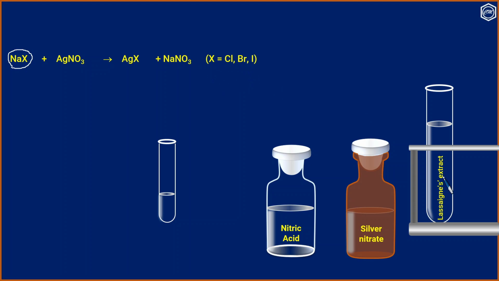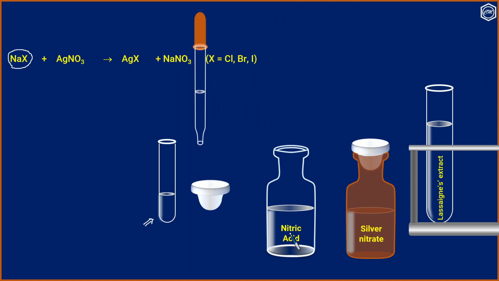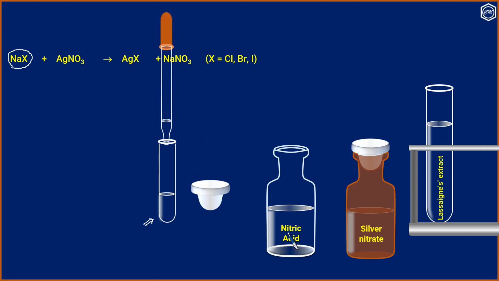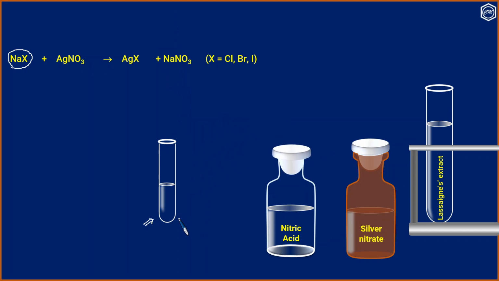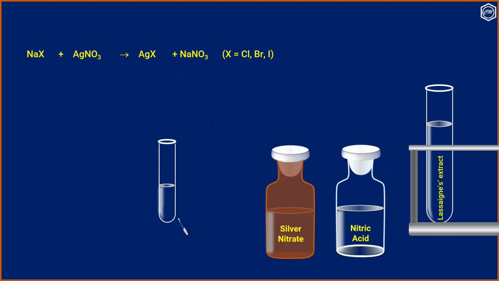This is Lassaigne's extract. We take about 1 ml of Lassaigne's extract in a test tube. First, we acidify it with dilute nitric acid. Using a dropper, we add a few drops of dilute nitric acid to the Lassaigne's extract. After that, we add a few drops of silver nitrate solution.